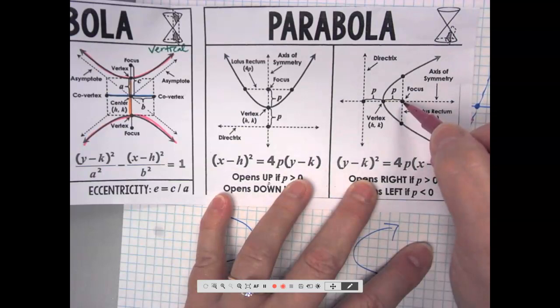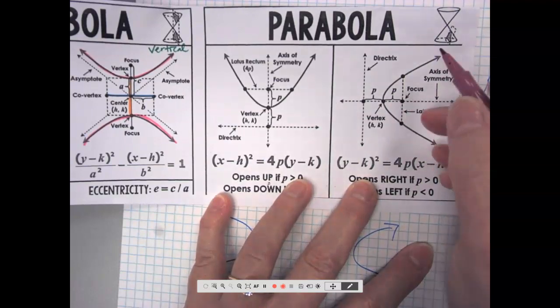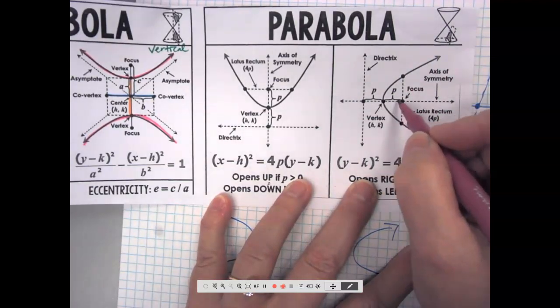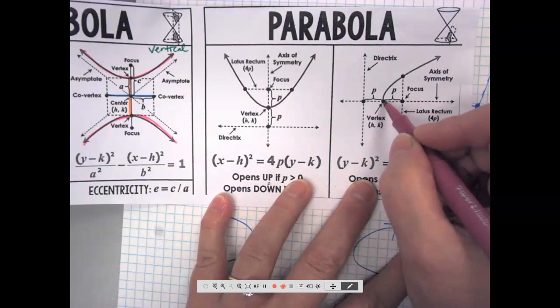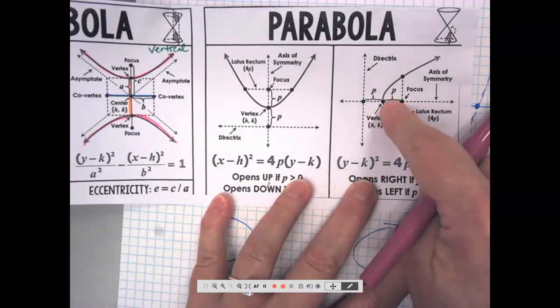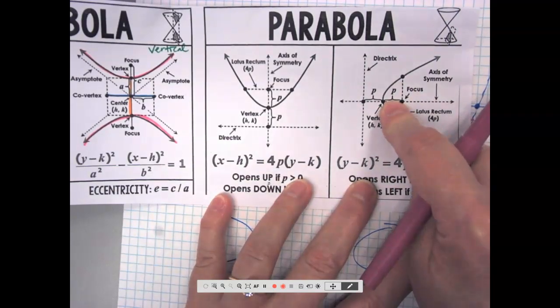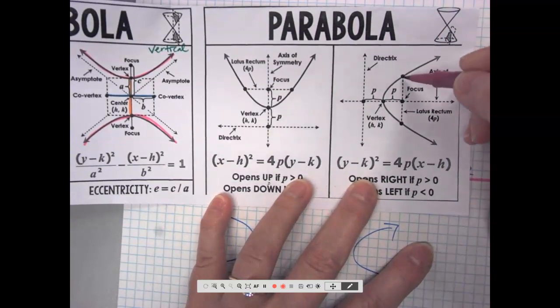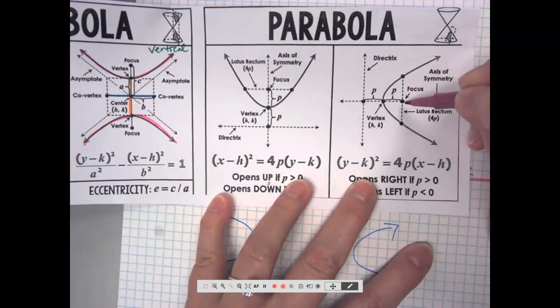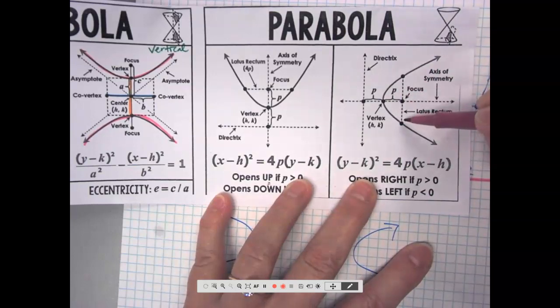We've used that term before with the ellipse and the hyperbola. Of course, you just have one here, not foci, but focus. And this distance from vertex to focus and from vertex to directrix is equal, and that's the value of p. Then you have this thing called the latus rectum, the focal width of the parabola, how wide it is at a point that goes through the focus, and that length is 4 times p.